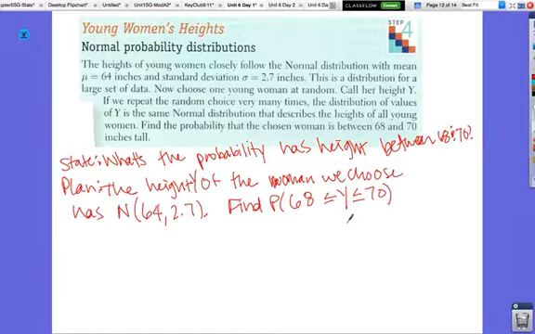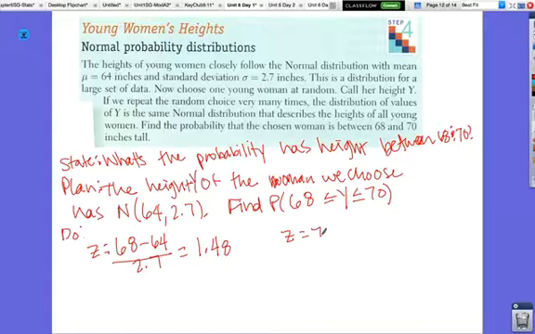So we have to find the area underneath that curve. So to do that, you have to find the standardized scores. So remember, that's the z-score. So the z-score would be equal to 68 minus 64, so our observed minus our mean, divided by our standard deviation. So our first z-score would be 1.48.